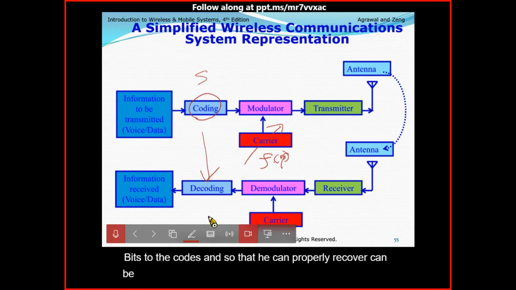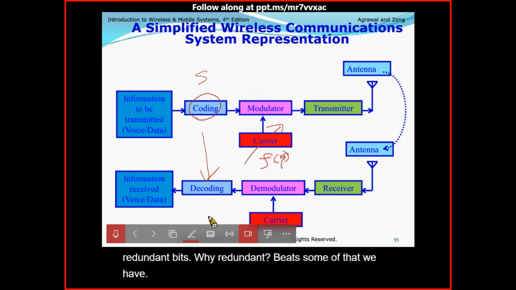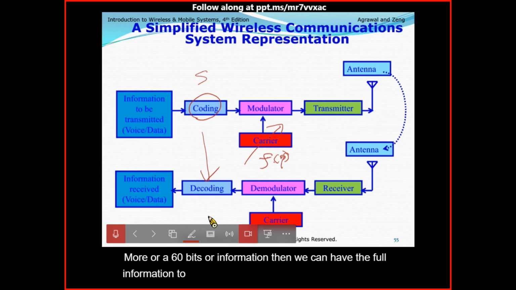So this way, we will have the redundant bits. Why redundant bits? Say we have more, like 60 bits, of information. Then we have more information to jointly recover the bits of the codes, and it will be easier to recover. That way, we get the capability of robustness.